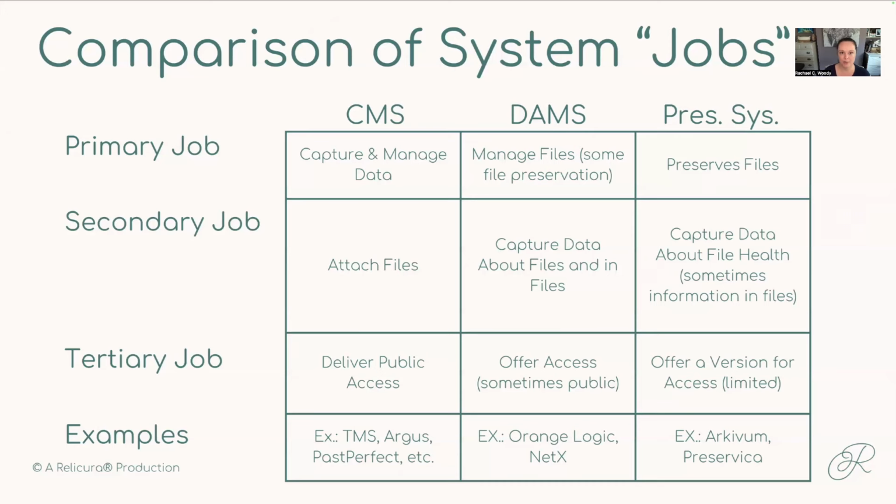Now, this is where we see the difference between something like Dropbox and something like Orange Logic, for example, where for Dropbox, there's not much data capture you can do about the file. That's not really what it's there for. It's more about file collaboration and sharing. Whereas for digital asset management systems, at least the proper product ones, it is about being able to capture data about that file as well.